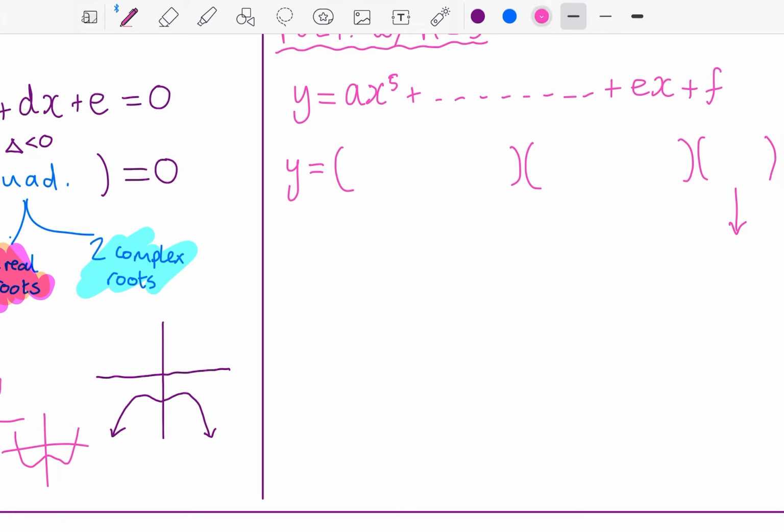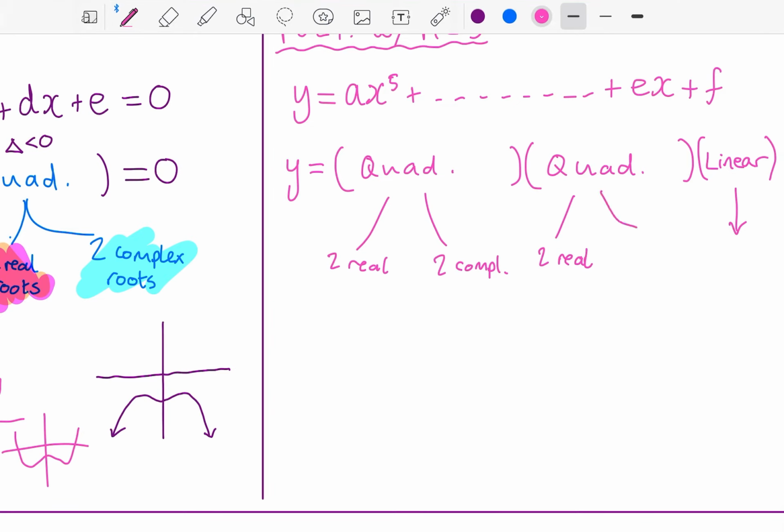Well, how do you make 5 through multiplication? You could have a degree of 2 times a degree of 2 times a degree of 1. That's a quadratic times a quadratic times a linear. Again, from the quadratics, you could have 2 real or 2 complex, but there's no complex roots to be had from a linear factor.